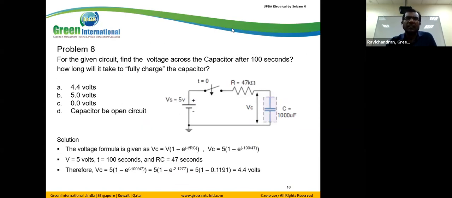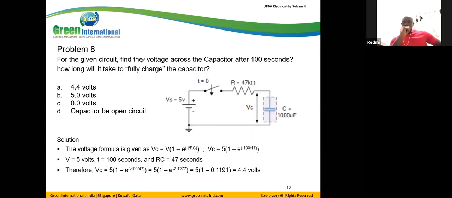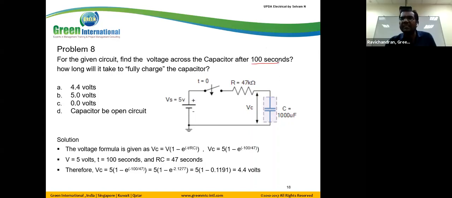Okay. Now they ask, what is the capacitor voltage after 100 seconds? For a given circuit, find the voltage at the capacitor after 100 seconds.